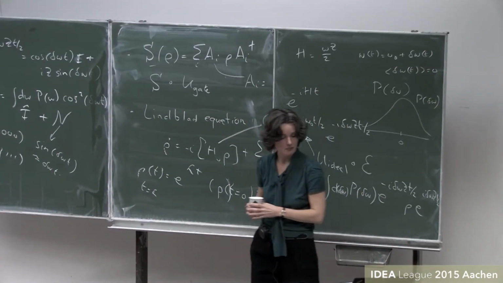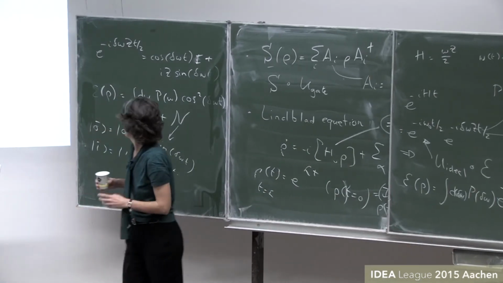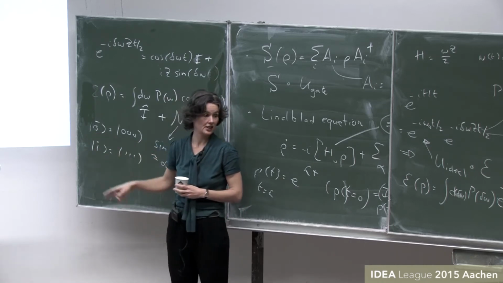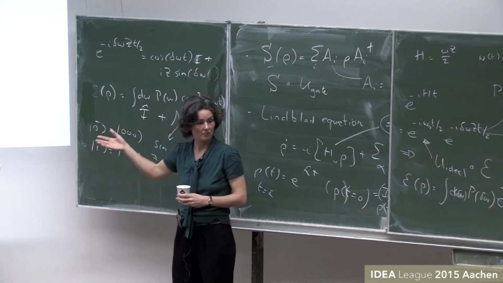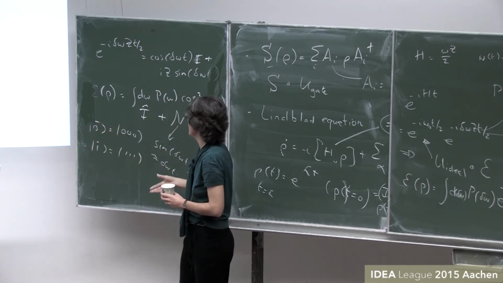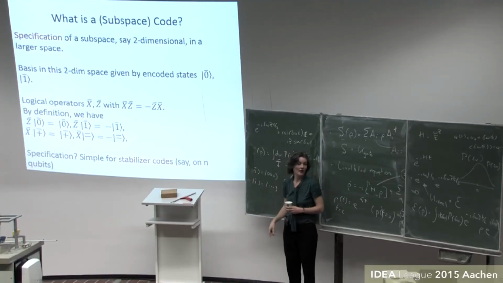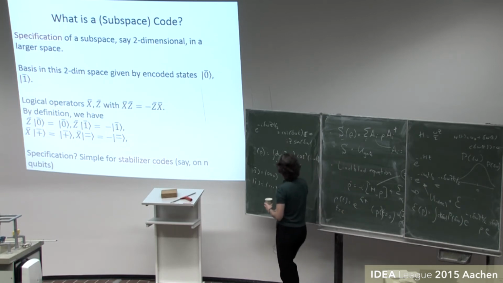Okay. Then I can also specify my logical operators, which are just by definition operators that have a certain action on these states. Of course, what I call my 0 and 1 is kind of up to myself, but once I fix that, then there's an operation that maps this onto that and vice versa. I call that the logical X, because it flips the logical bit.